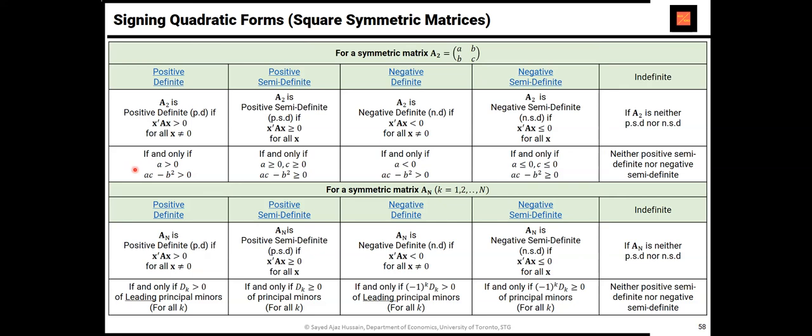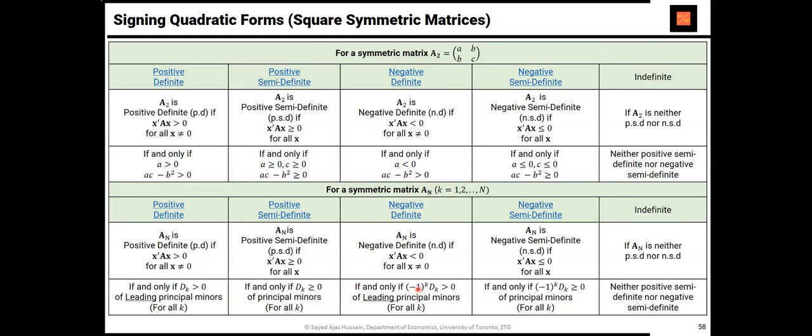So let's summarize slowly. A matrix is positive definite if and only if all leading principal minors are strictly positive. These are the determinants of those matrices we form. A matrix is positive semi-definite if and only if all principal minors are bigger than or equal to 0. It's negative definite if and only if all leading principal minors obey the sign rule.